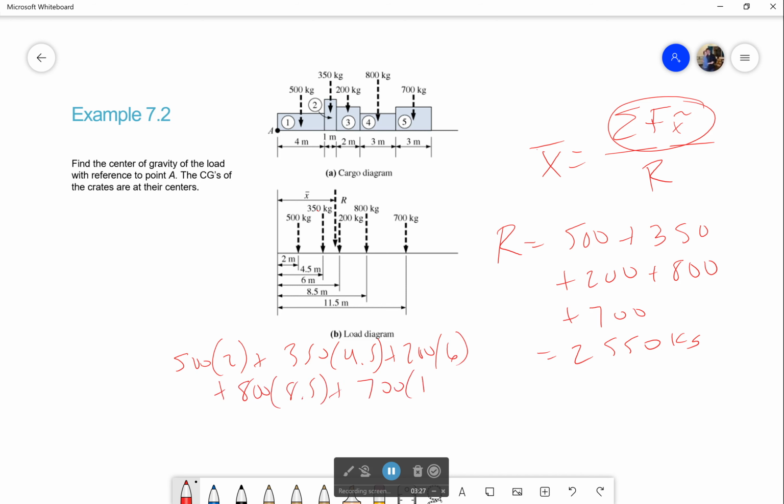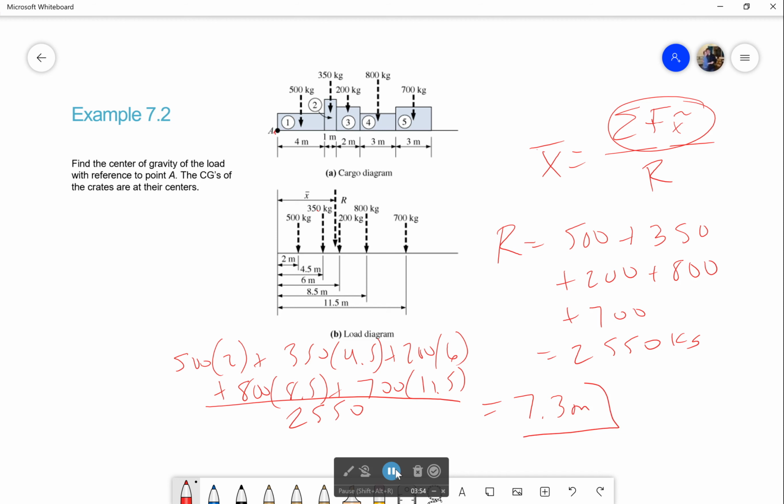And I divide that by the total mass, which is 2550. And from that, what I get is that my centroid will be equal to 7.3 meters from this left point.